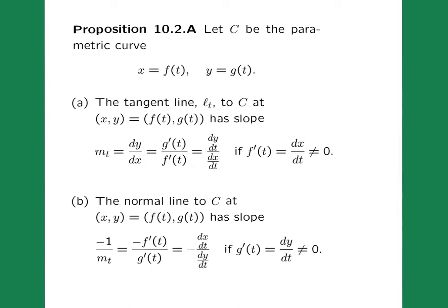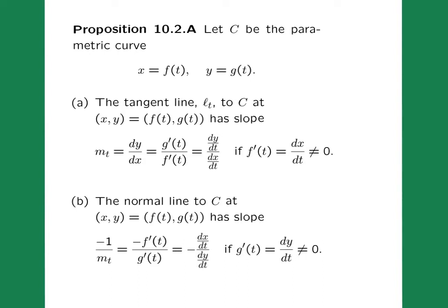We want to know what is the tangent line L sub t to the curve C at a point x, y corresponding to the parameter t. That, of course, is, as we just said, going to be given by dy dx, the instantaneous rate of change of y with respect to x at the point x, y.